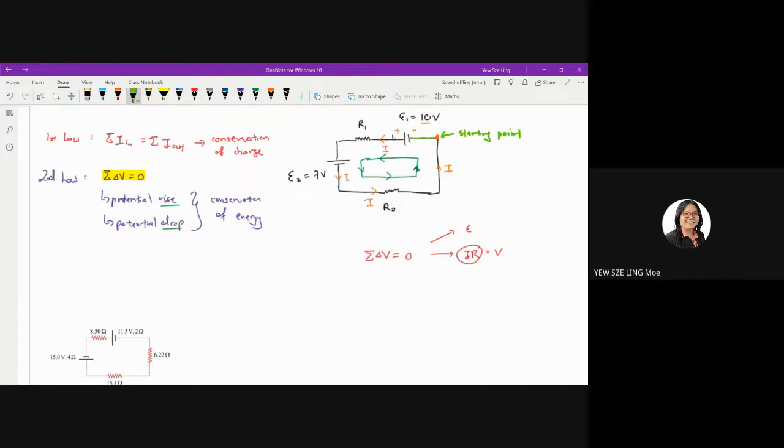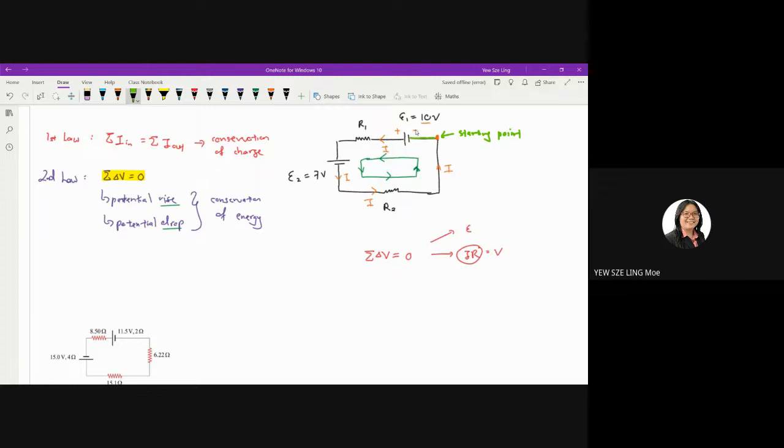and when it reaches EMF 1, what happens? Now you look at the battery, the terminal of this EMF. Now this green line that I drew just now, let's assume it's a current flow. When a current flows through the EMF from lower potential to higher potential, it's gaining potential, it's experiencing a potential rise.